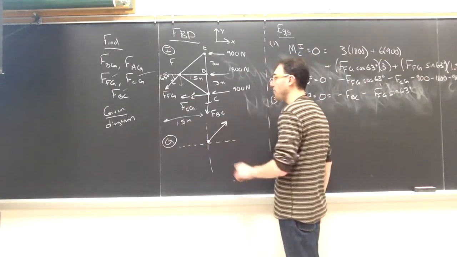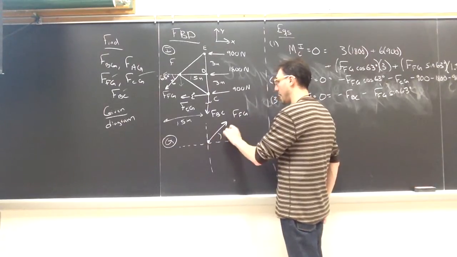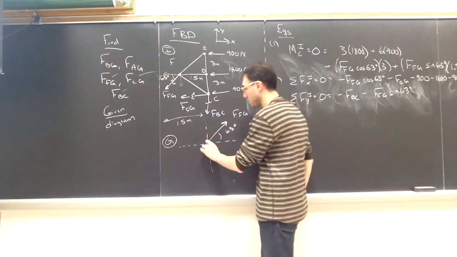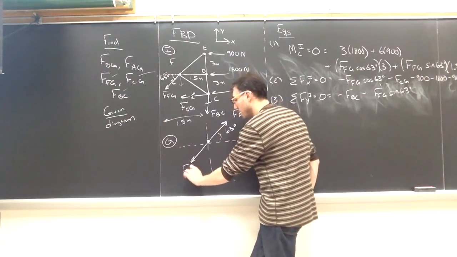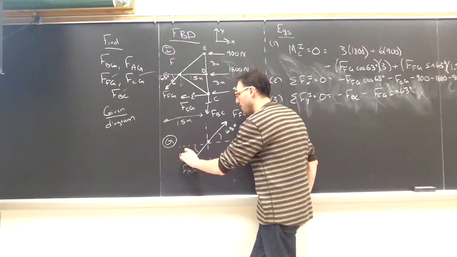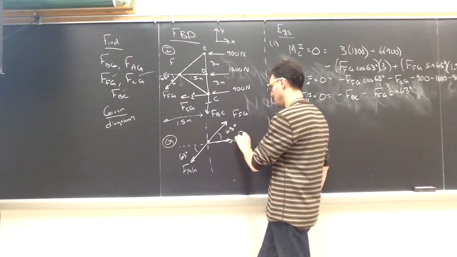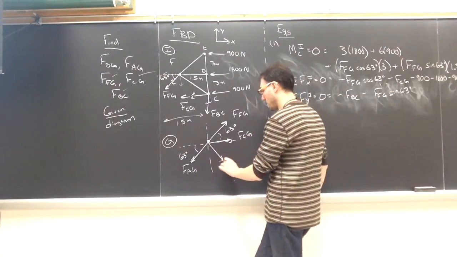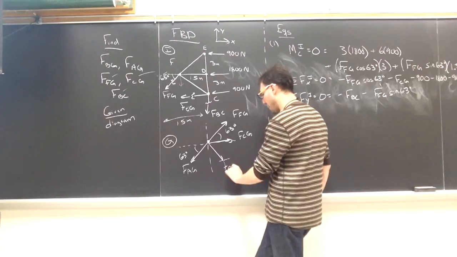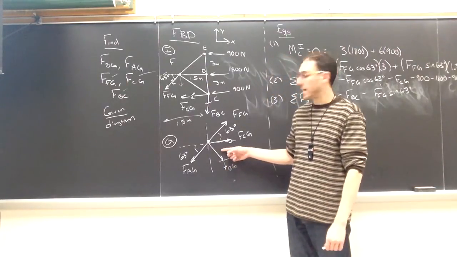So coming out from point G, I'll have that FFG at 63 degrees. I'll have AG also at 63 from the horizontal. I have CG, and I have BG. Now this angle is not 63 degrees.